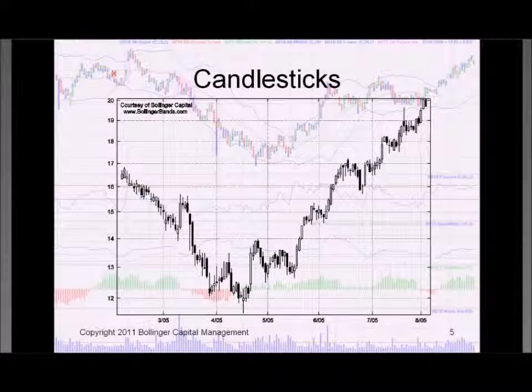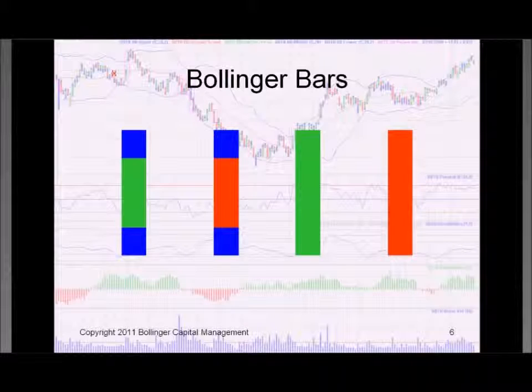You can see it on the background in this slide, but here we have an example of this charting style applied to some examples here. On the left, we have a chart where we close higher than we open.